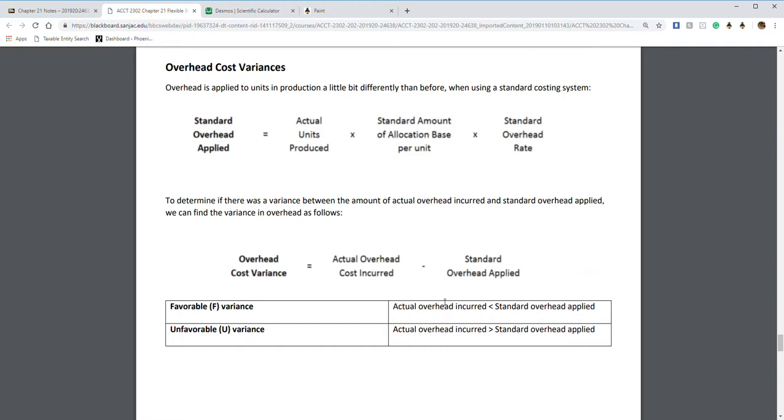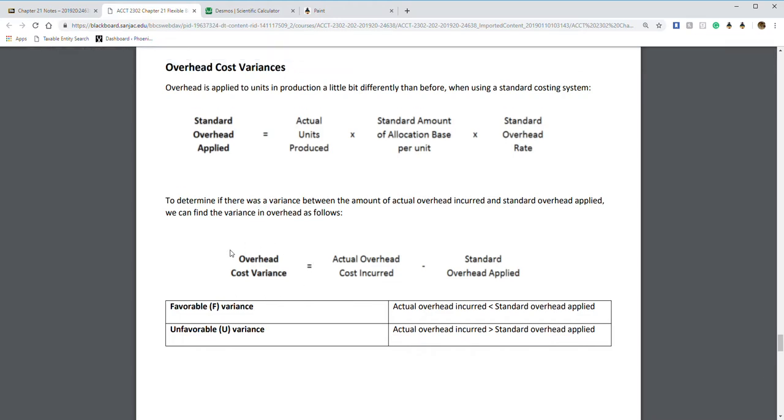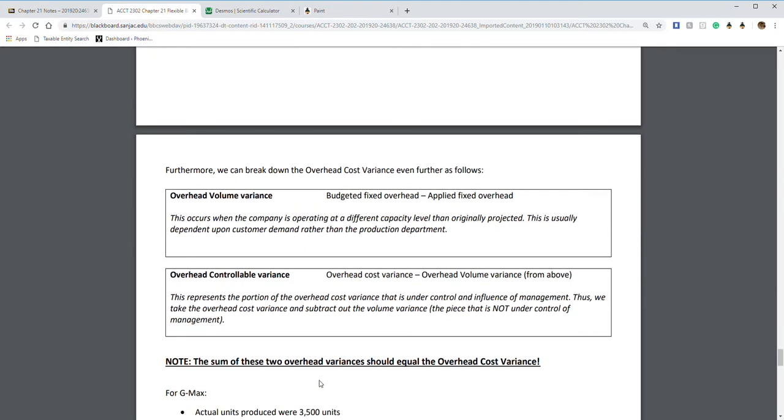If this happens to be positive, it is unfavorable, meaning overhead incurred was greater than standard. If this is negative, you have a negative overhead cost variance. That's favorable, because standard beat out actual overhead.